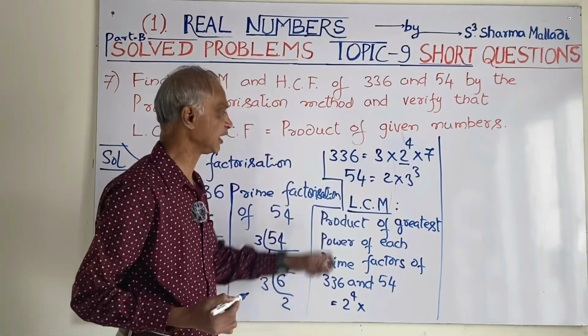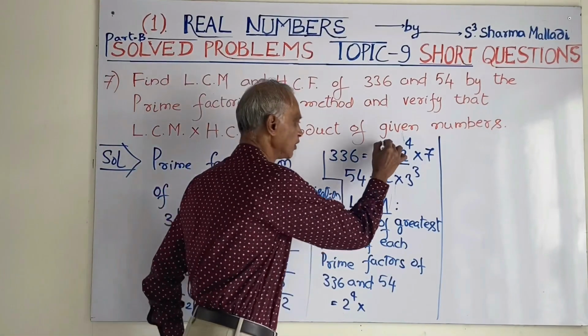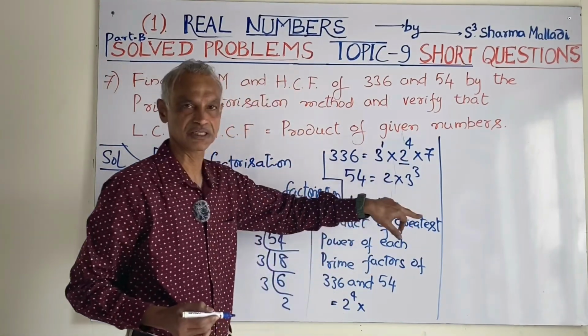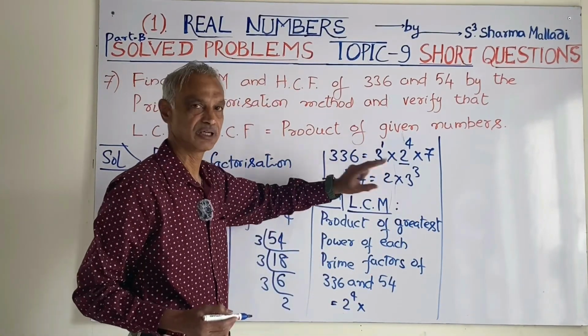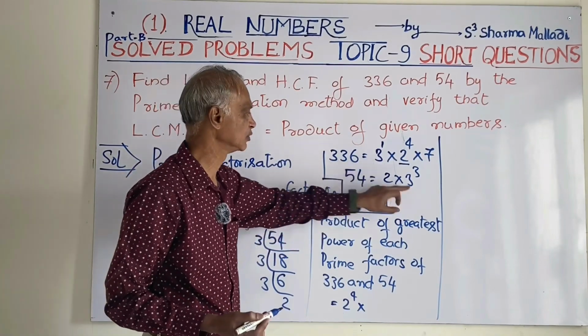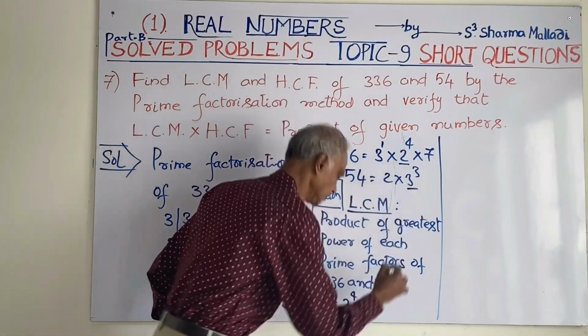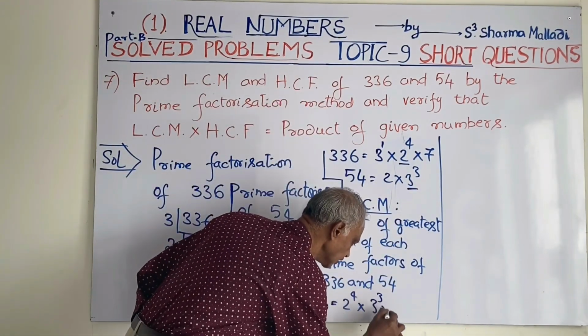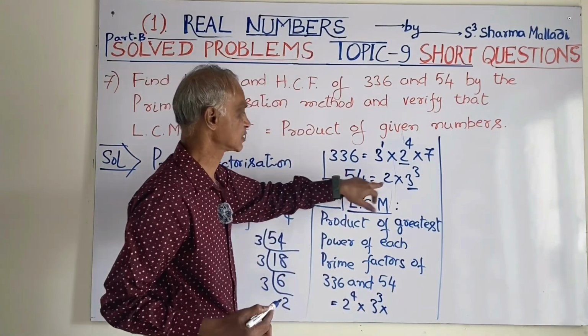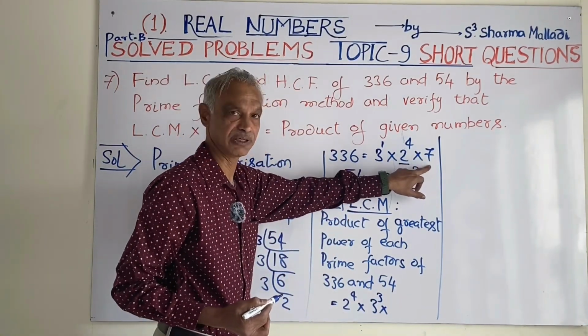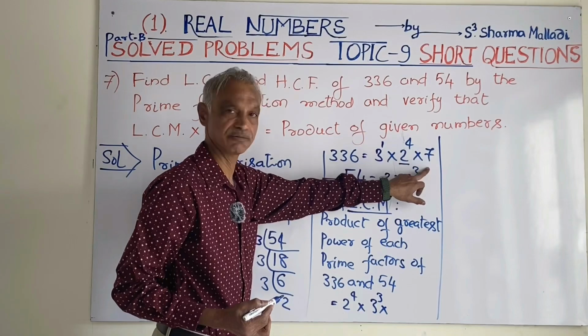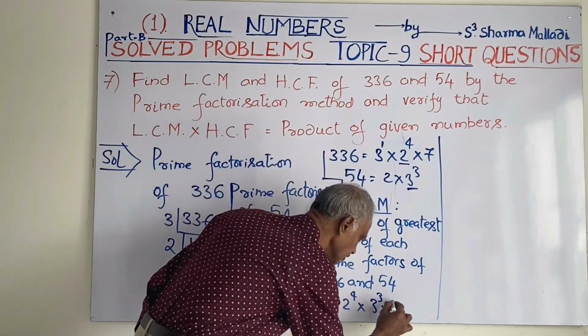Next, 3 is there, 3 to the power of 1 is there, 3 cube is there. We have to take the greatest power. What is the greatest power in these two? 3 cube. We have to take 3 cube into, next, 7. Only 7 is present. That's why you have to take 7.